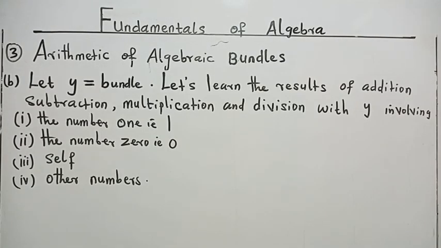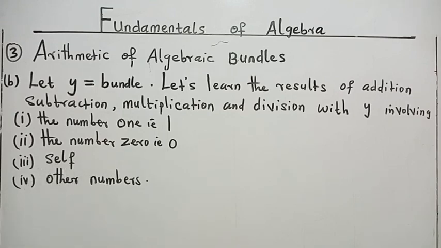Now, let y be that bundle. And let's learn the results of addition, subtraction, multiplication, and division with y involving the following. The number 1, that is 1. The number 0, then the number itself, that is self, and then other numbers.